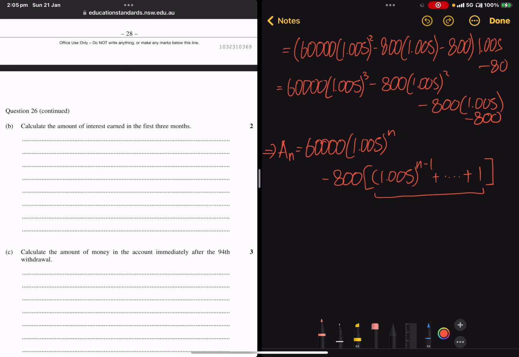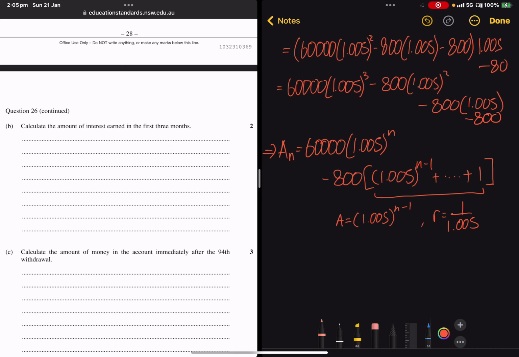So we can say the first term, A, is 1.005 to the n minus 1. We can say the difference R is 1 over 1.005.